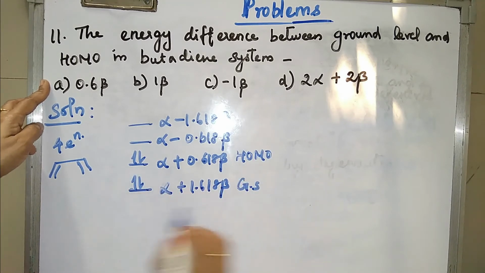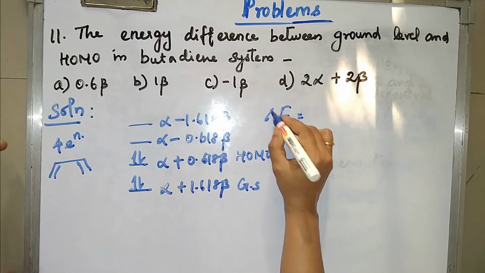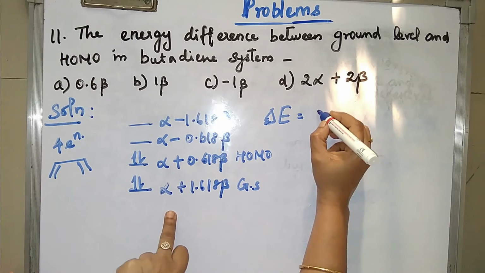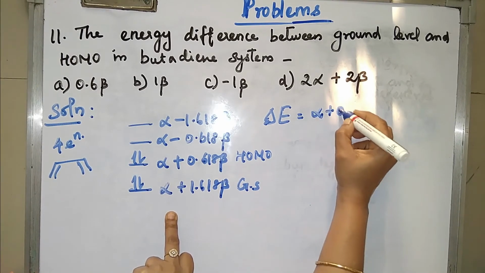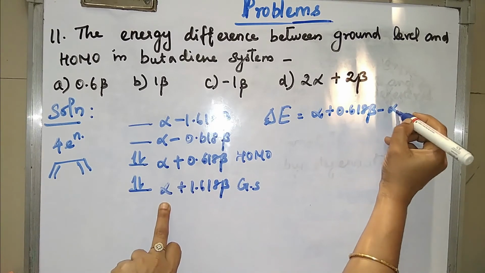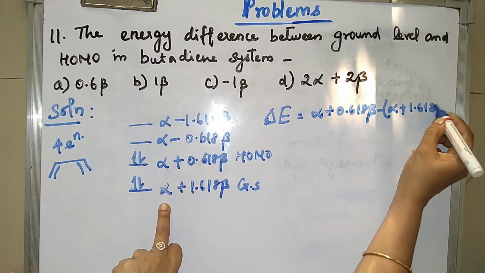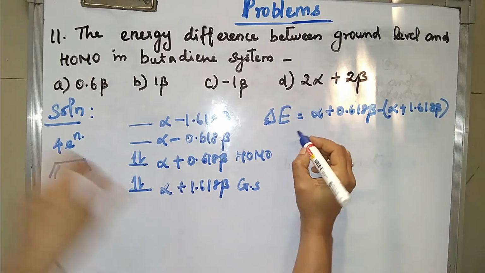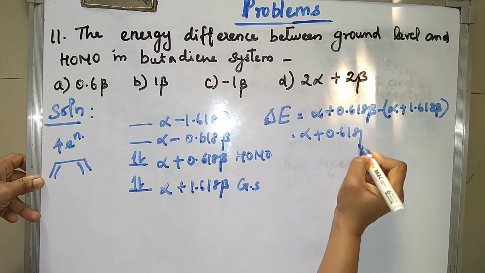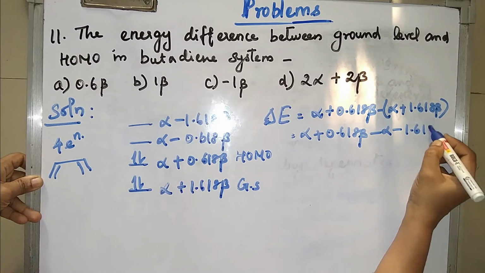So delta E is equal to alpha plus 0.618 beta, minus alpha, and then I'll insert the negative sign inside the bracket. First I'll write it down, and then minus alpha minus 1.618 beta.